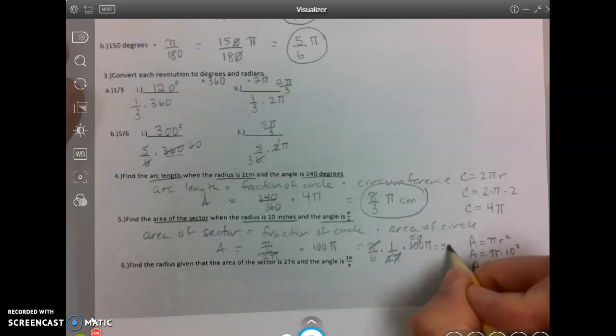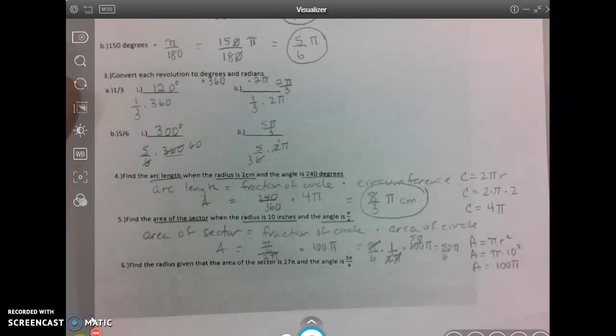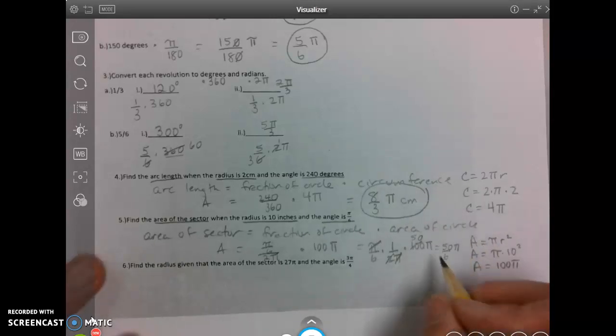When I get to 50 over 6 pi, I'm going to put 50 divided by 6, and I get 8 1/3, so I'll do math, enter, enter, and I get 25/3 pi, and that would be inches squared.